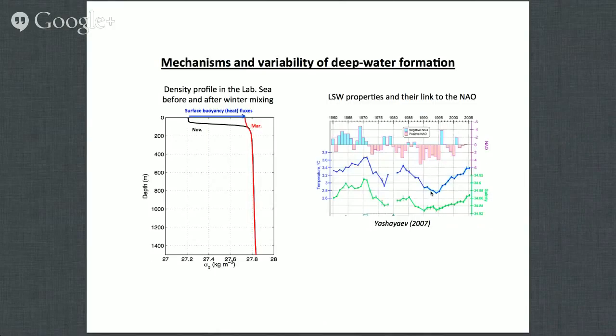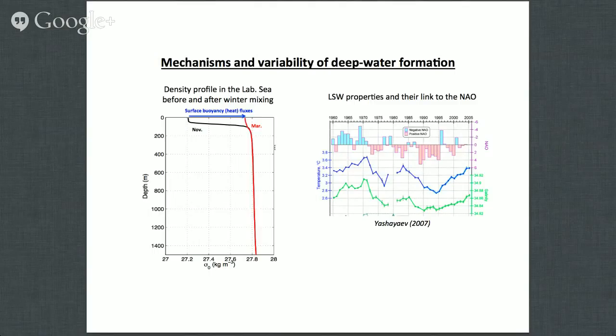Of course, for an onset of deep convection, you should have very low stratification there. So, for example, this left panel shows the density profile in the Lab Sea. Black is in November and red is March. You can see in November there's still substantial buoyancy in the ocean, but you don't see much buoyancy in March.